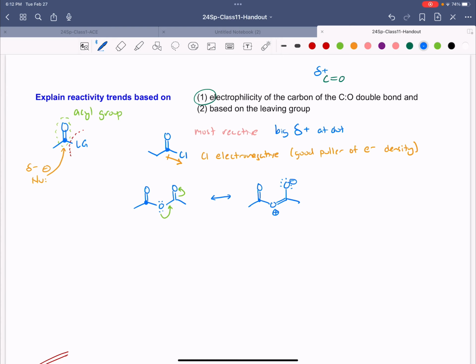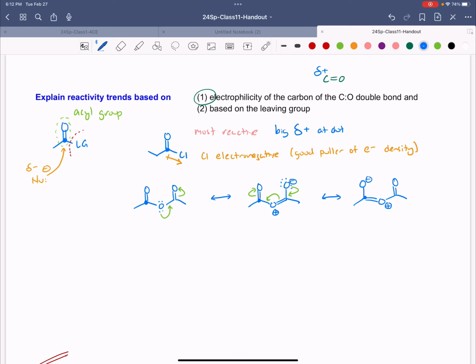Let's go the other way. Let's bring it back. This is going to be very telling because now I'm really affecting that dot, the dot right here. Everyone agree that these are the three resonance structures?